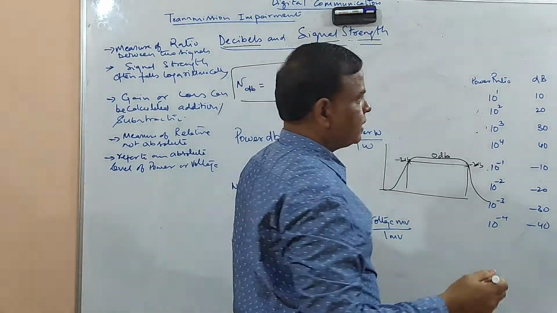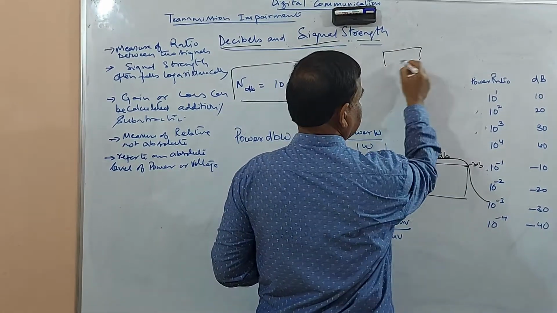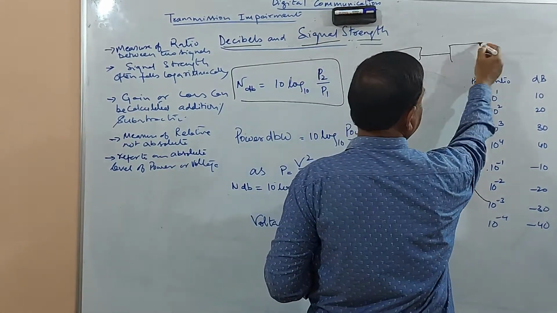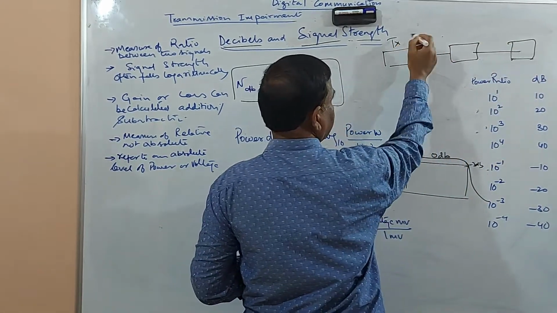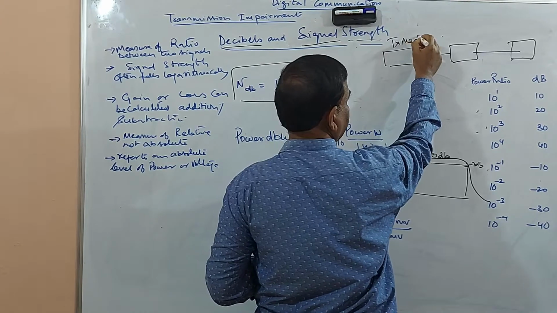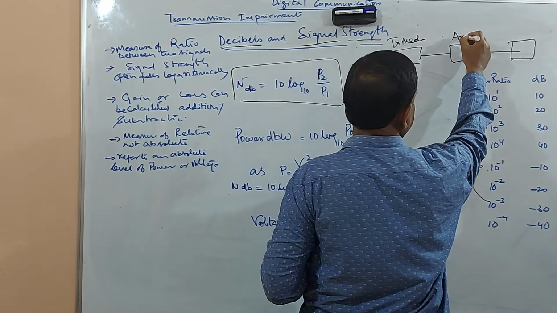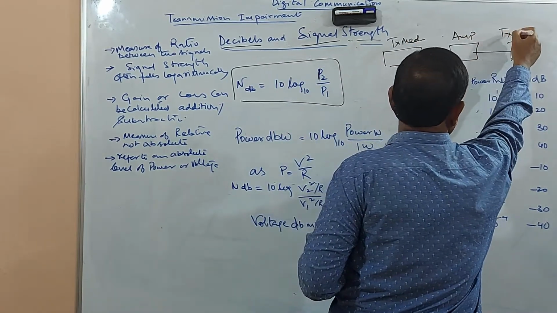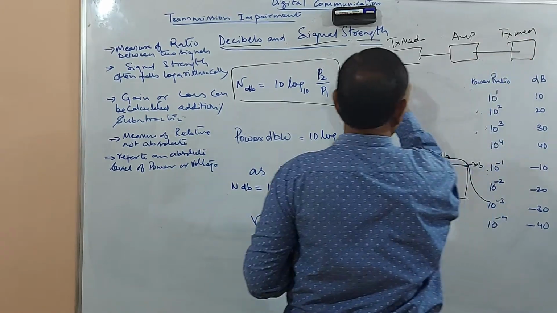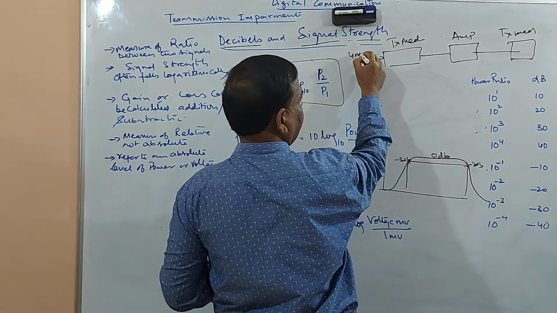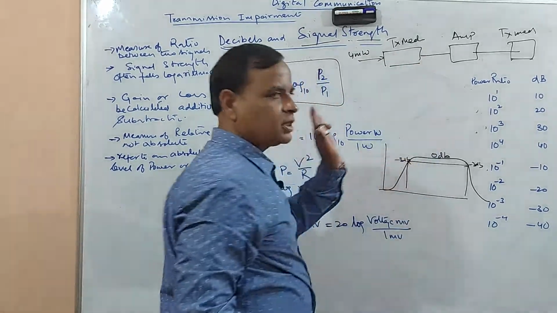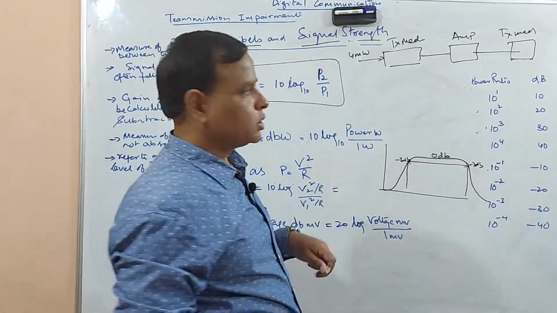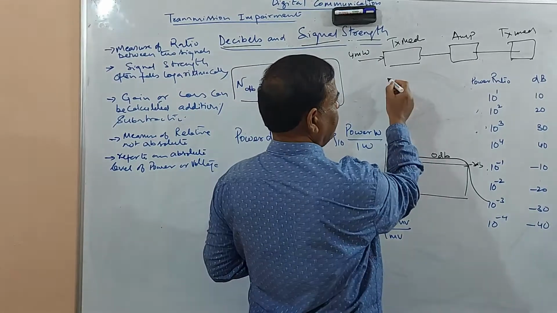Say our signal is passing through some transmission elements in a transmission path: one transmission line or medium, then an amplifier, then another transmission medium. You give an input of 4 milliwatts. Whenever it passes through a medium there is an attenuation, and attenuation is always expressed as minus.